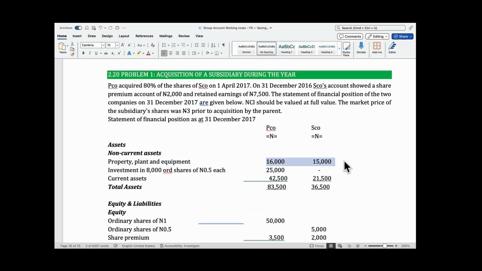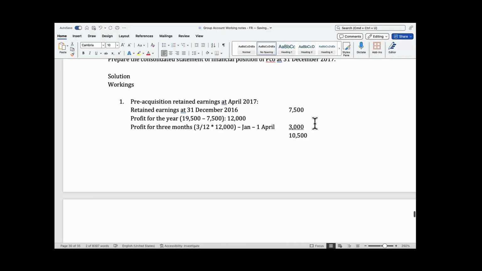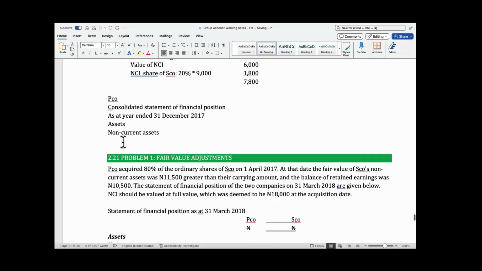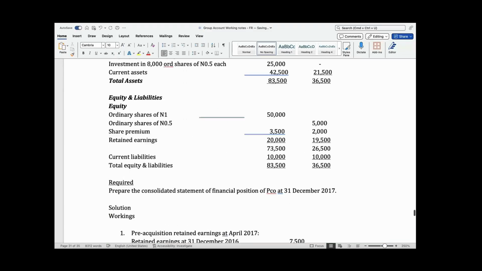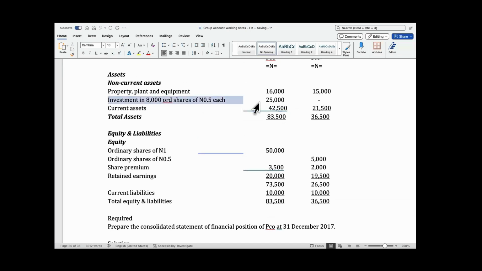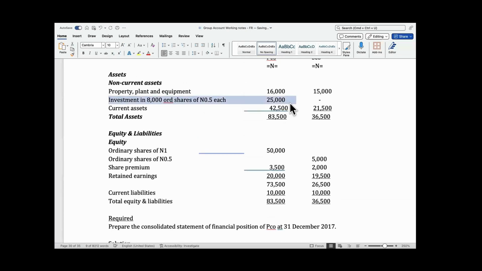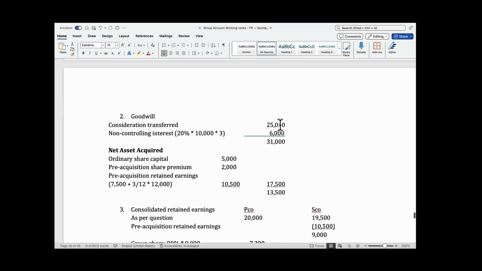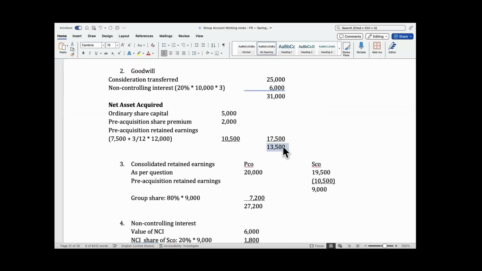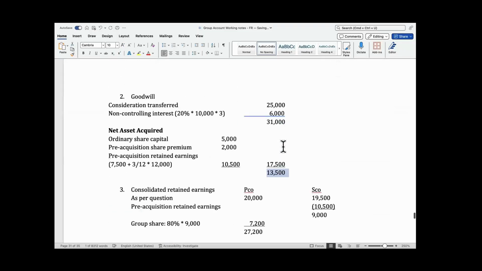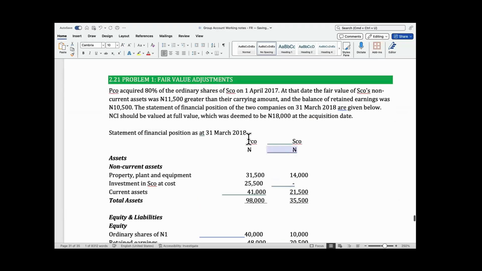This gives us how much? 31,000. Then the next item, investments. Goodwill of 13.5. May you cancel out.